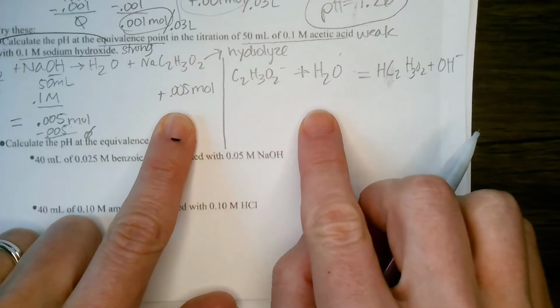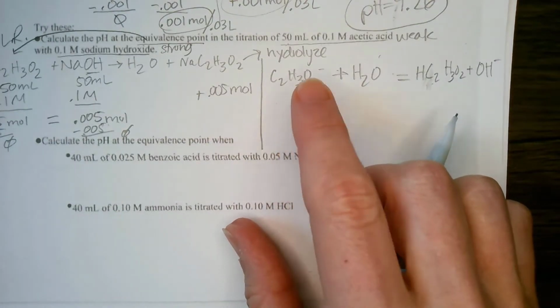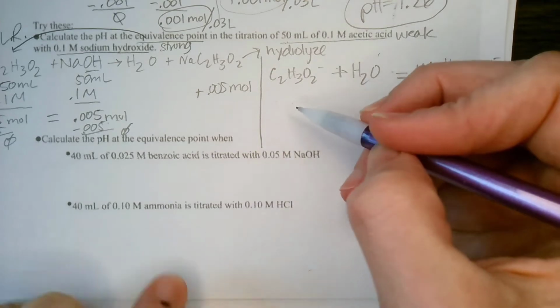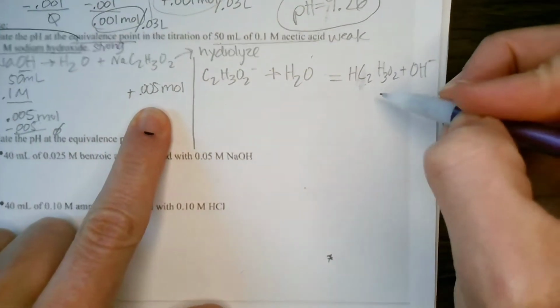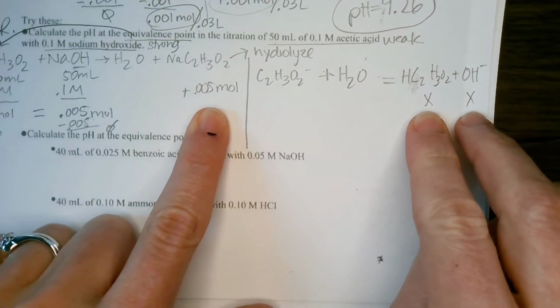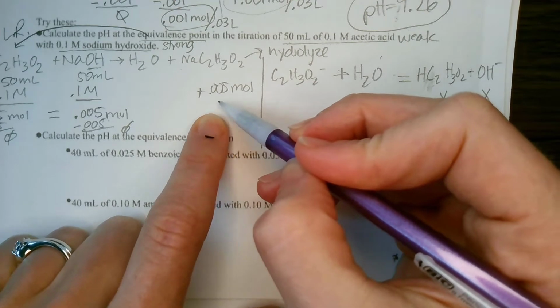In order to do that, because we know when this hydrolyzes, we need to find out what these concentrations are. We of course know that this is x and this is x. We don't know how much product we formed, but I do know how much acetate I started with.